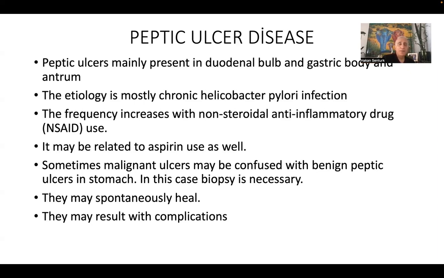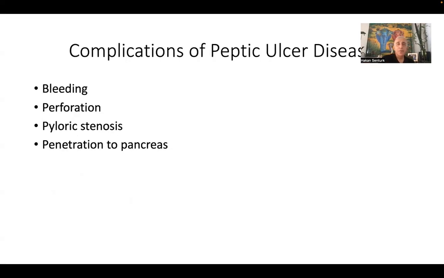In 2 weeks, 60% of ulcers heal spontaneously, so a very high spontaneous healing rate. But they may also result in complications. What are the complications? Mostly bleeding. Bleeding is the main complication of peptic ulcer disease, and we observe it very frequently. Most of the patients admitted with upper GI bleeding to our gastroenterology ward have duodenal or stomach peptic ulcer disease. A rare complication is perforation.